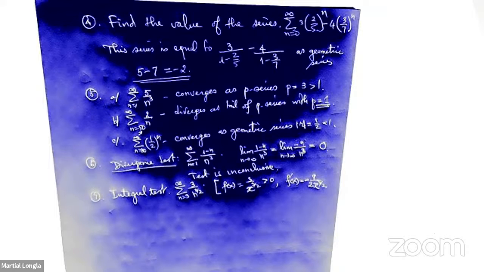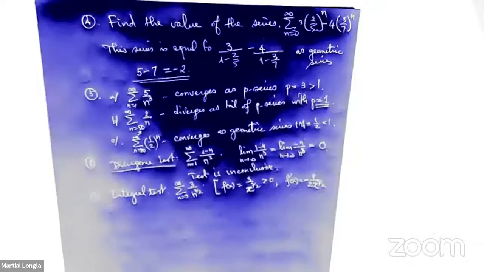Using the power rule, because 3 over x to the 3/2 is 3 times x to minus 3/2. You take the derivative by getting the power down, negative 3/2 goes down, and then the power becomes negative 3/2 minus 1, which is negative 5/2, so it goes back to the bottom.